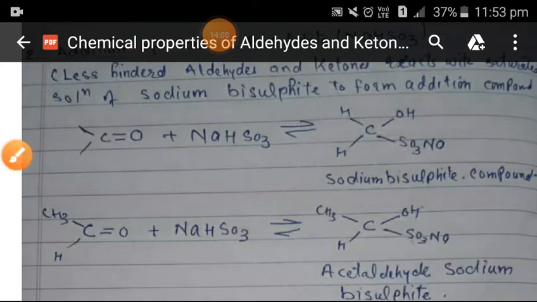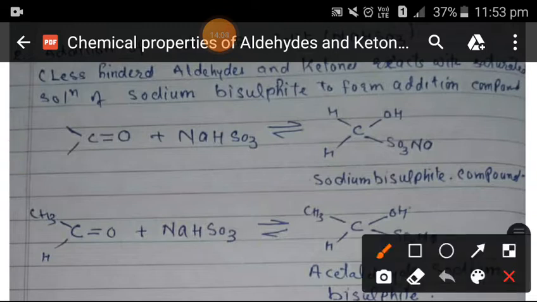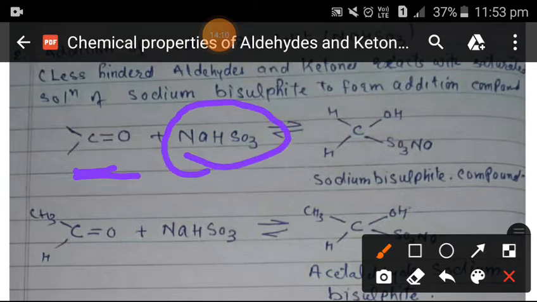So here we will see how the reaction proceeds. It is a carbonyl group, any of the aldehyde or ketone group. When treated with sodium bisulfite, it forms the addition product that is called a sodium bisulfite compound. Clear?